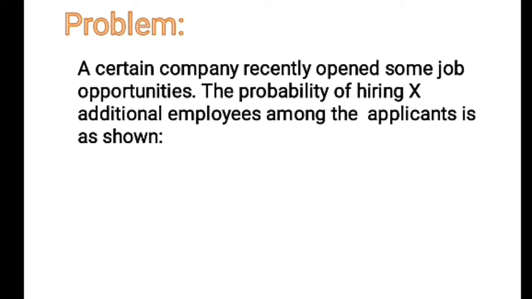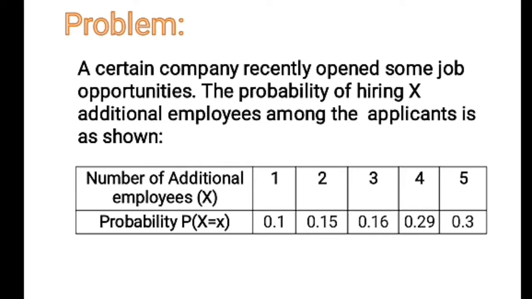A certain company recently opened some job opportunities. The probability of hiring X additional employees among the applicants is as shown. The number of additional employees is 1, 2, 3, 4, and 5, with corresponding probabilities 0.1, 0.15, 0.16, 0.29, and 0.3 respectively.